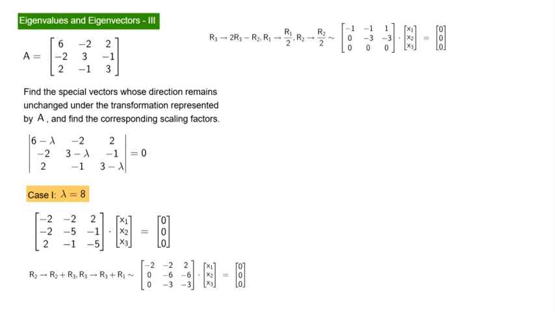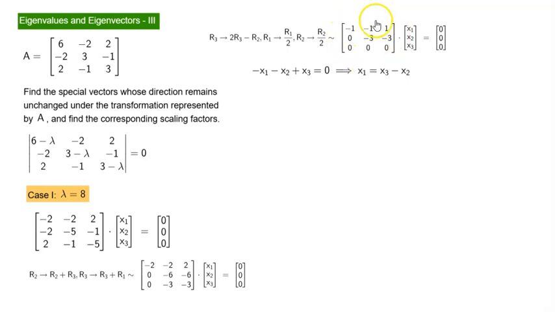So when lambda equal to 8 and we substitute it into the determinant, we get 6 minus 8, minus 2, 3 minus 8 is minus 5, minus 5. And we repeat the same process here again. Start reducing it by carrying out the appropriate row and column operations. Column operations here, of course, not required at all.